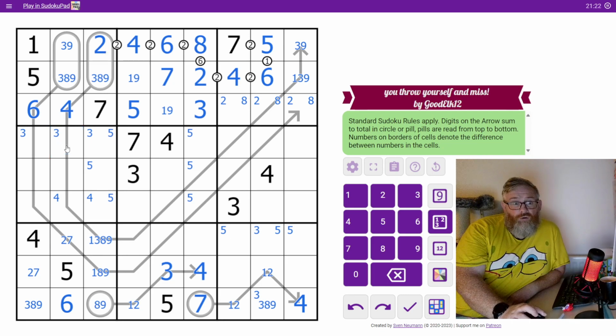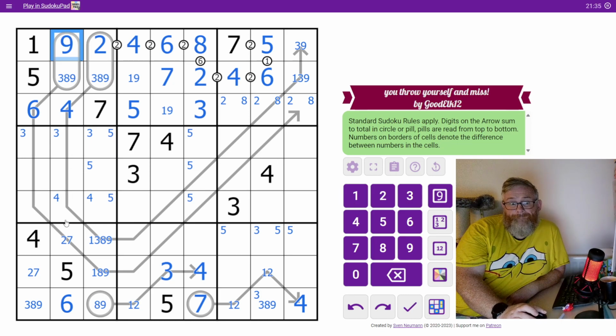So that's not going to work. So we know that that actually can't be 3, because otherwise the 9 ends up there. So this is 3. Okay.